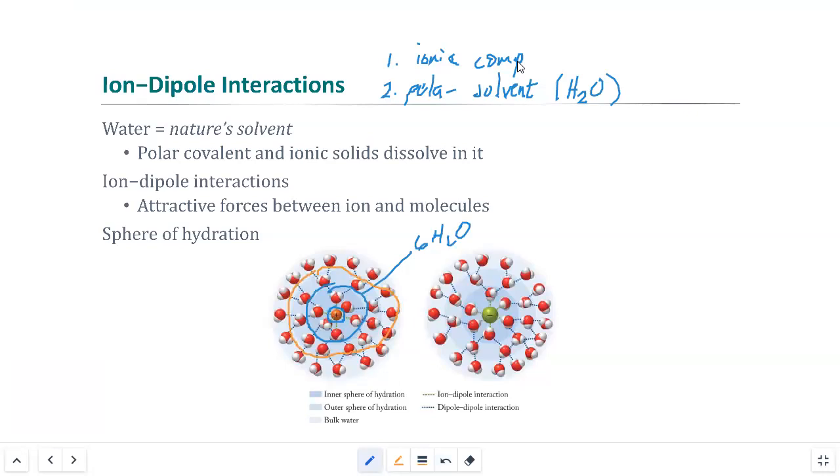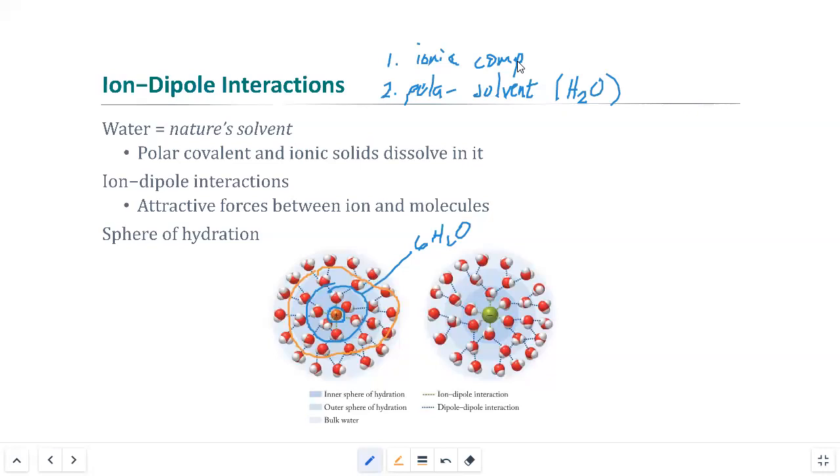That's called the outer sphere of hydration. So I want you to kind of burn these images into your memory because they are important. They are what ultimately describes why water is able to dissolve so much stuff.